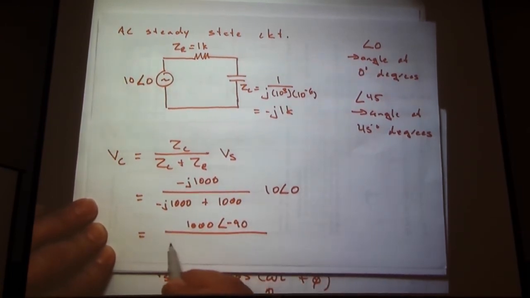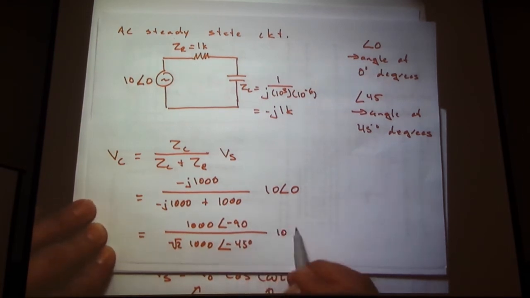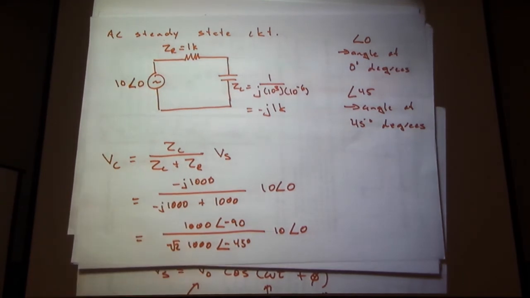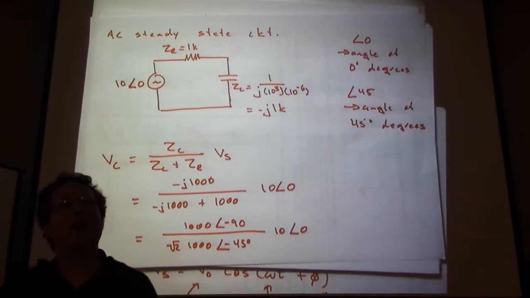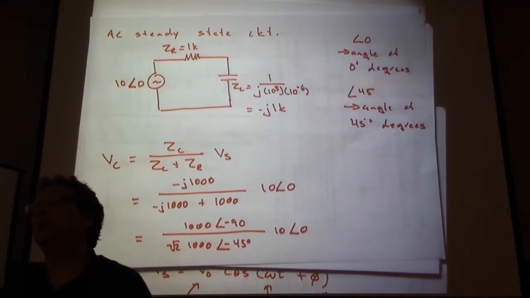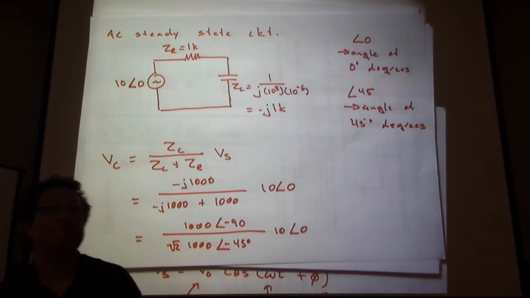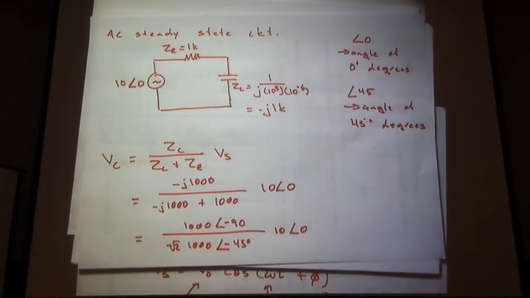And that's square root of 2 times 1,000 angle minus 45 degrees times 10 angle 0. I skipped a bunch of math in there. And we'll cover this math kind of extensively, but does everybody somewhat agree with what I said? I suspect a number of you are in trouble.